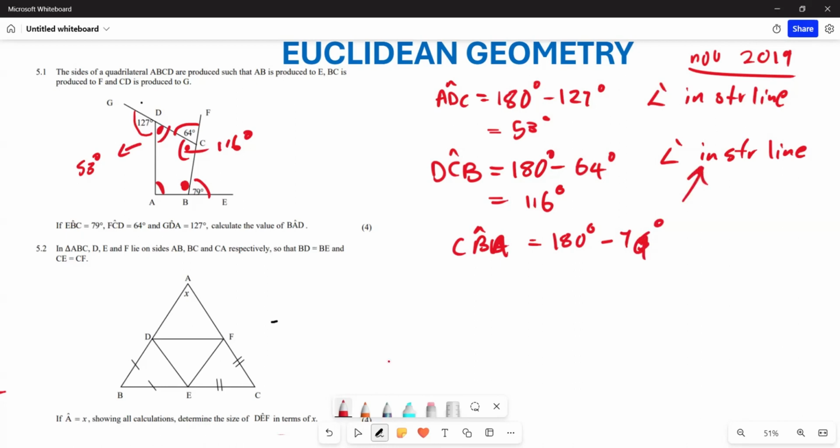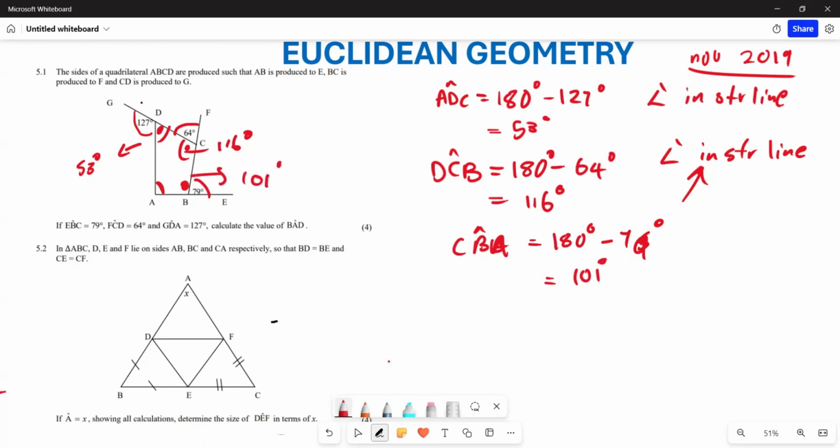So your CBA is going to be given by 101 degrees.